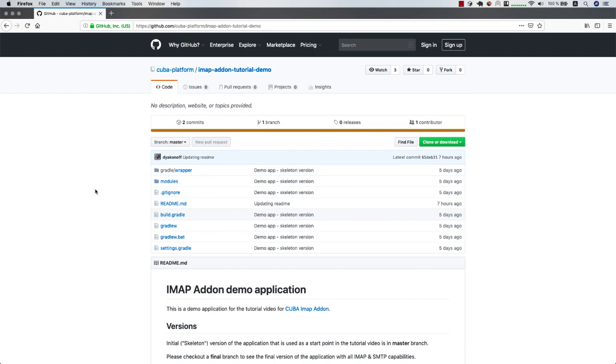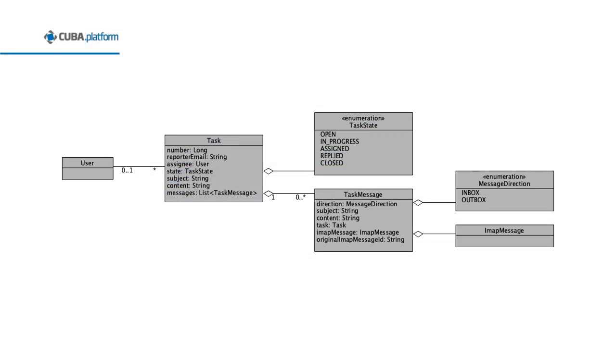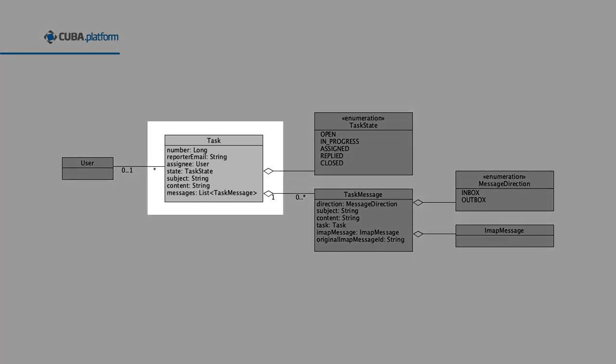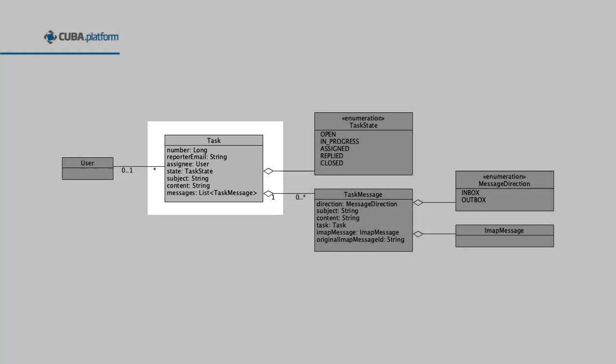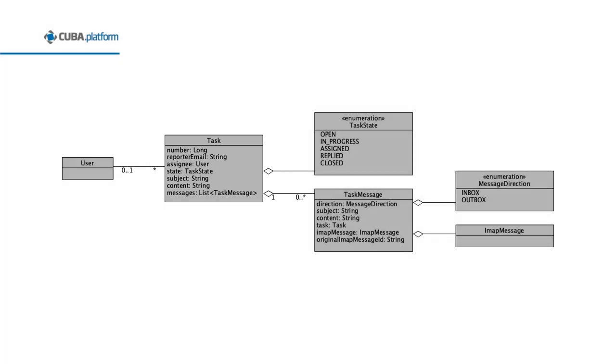Because of time constraints, we won't make this application from scratch in this video, but rather take a skeleton application that already has the core entities implemented. These core entities are task. It represents a task, for example an IT issue managed by our demo app.